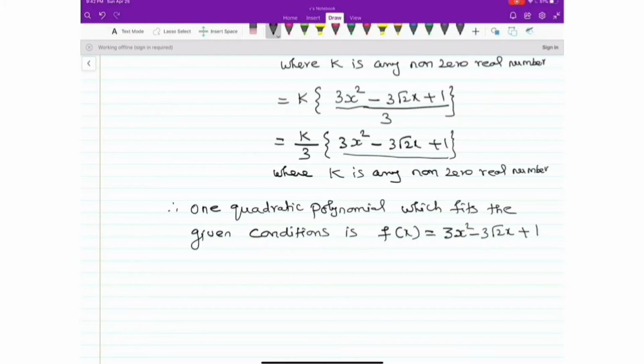So this will be your answer. Of course, you have to write your answer at the end once again. For that, you just rewrite the same statement.